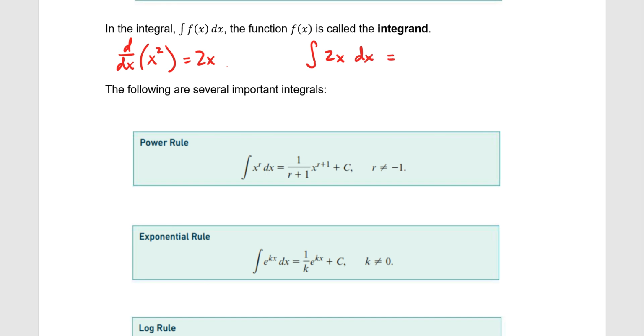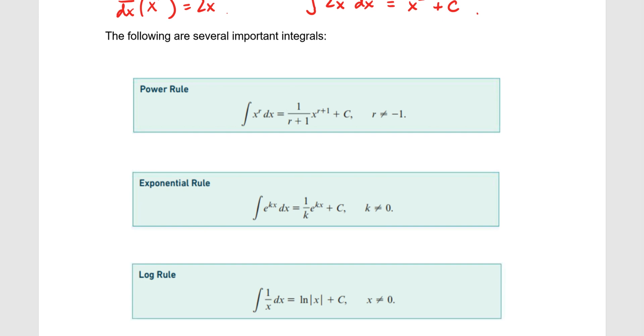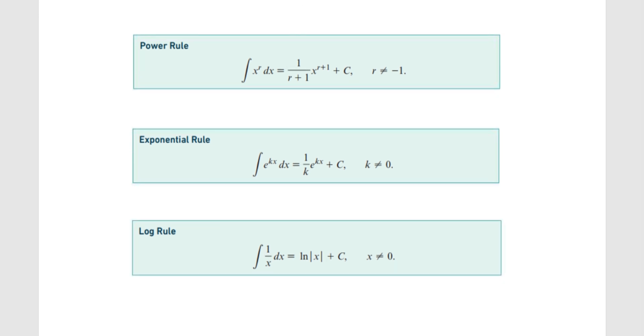So we're finding the antiderivative of 2x, which if you just go backwards from what we just did, we would know that that's x squared, and we need that plus c every single time. So you can see how these are related. They're the same thing, just in the reverse direction. And make sure you know notation for both of them. Okay, so here are a couple of very, very important rules that we're going to be using.